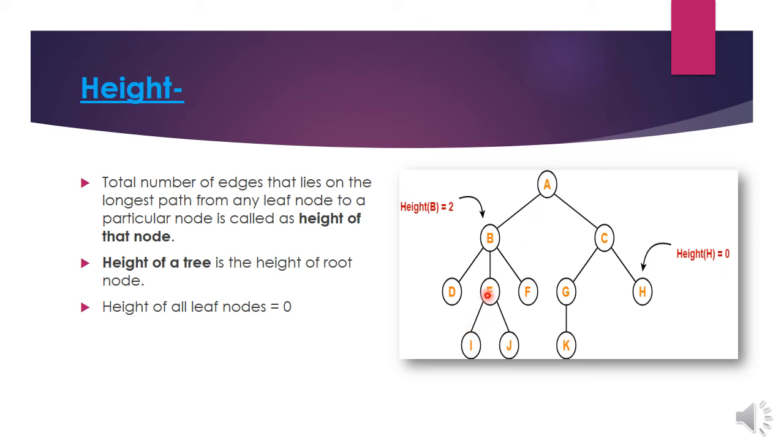So 1, 2, 3. So the height of the root node is 3, or the height of this tree is 3. Height of a tree is the height of the root node, right? Height of all leaf nodes is equal to 0. The leaf node height is always 0 in a tree.